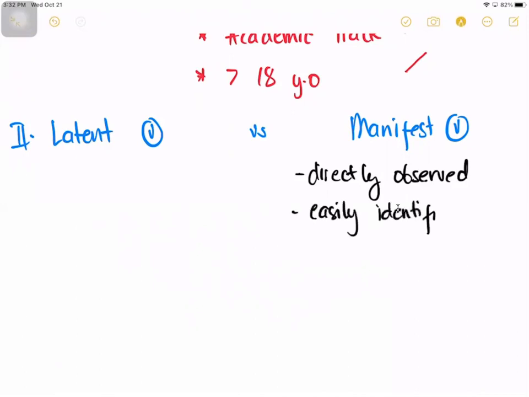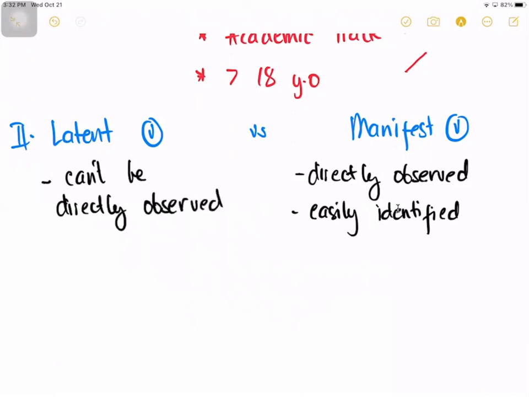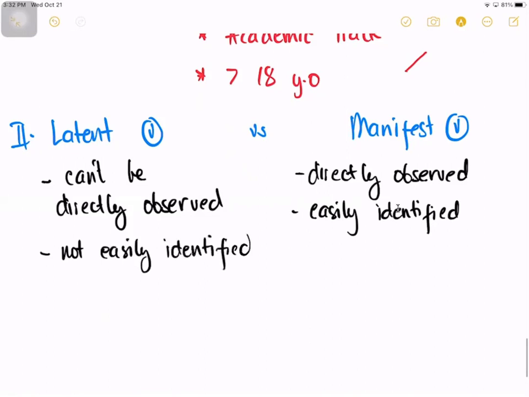Latent variables, on the other hand, cannot be directly observed. So you need to use certain tools to actually gather these types of variables. And of course, it's not easily identified. So that's how you categorize latent versus manifest.